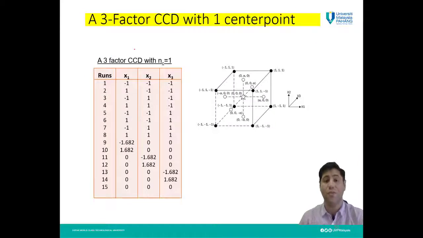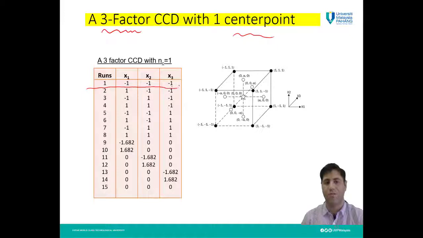Let me show you what we have here: a matrix of experiment for an experiment which has 3 factors and 1 center. You can see the runs.